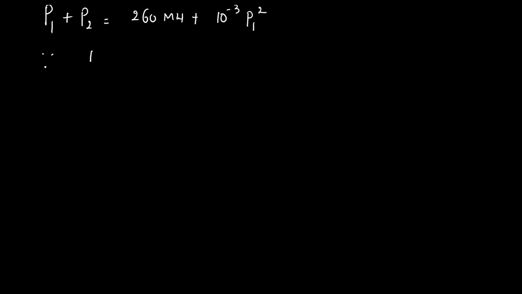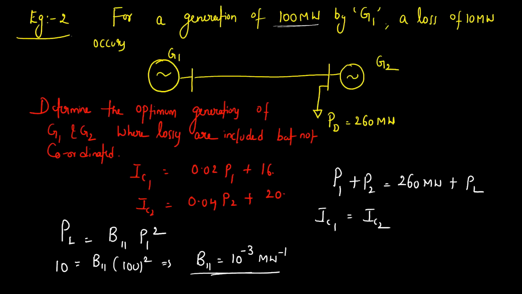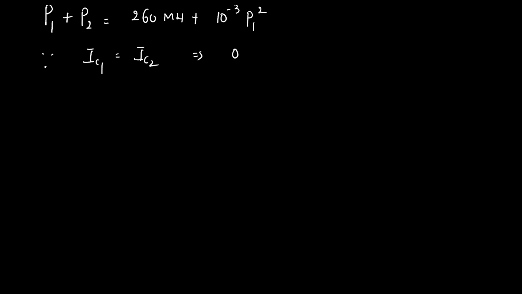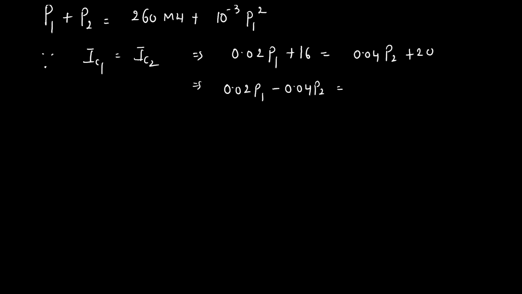Since incremental cost of 1 is equal to incremental cost of 2, the other relationship we'll get is 0.02 P1 plus 16 is equal to 0.04 P2 plus 20. From this, you're going to get 0.02 P1 minus 0.04 P2 is equal to 4.